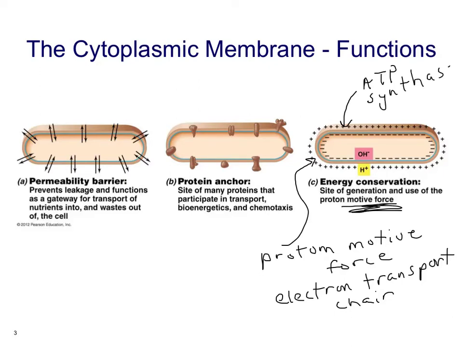In bacteria and archaea, that is not found in the inner mitochondrial membranes because they don't have one. It is instead found at the cytoplasmic membrane. So energy conservation, which means to generate and use a proton motive force in order to make ATP, happens at the cytoplasmic membrane in bacteria and archaea. That's a really important thing to remember as you go through learning about microbiology.